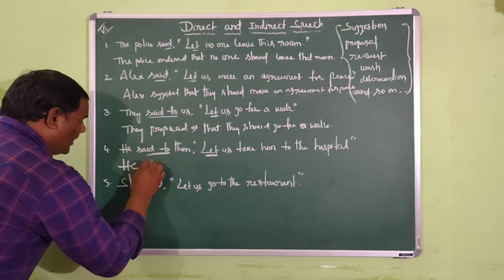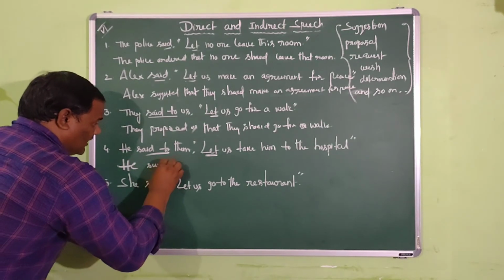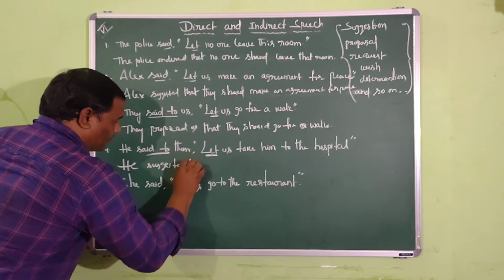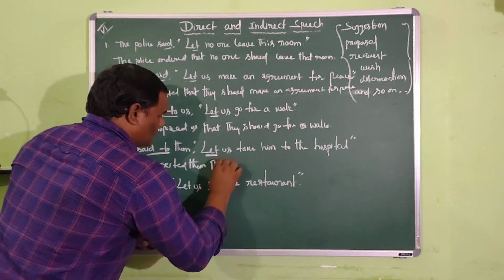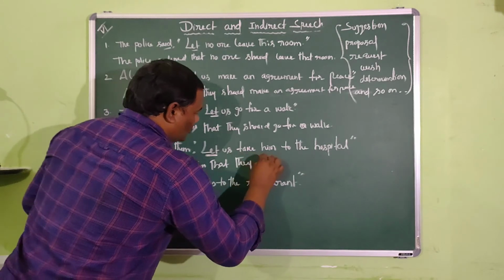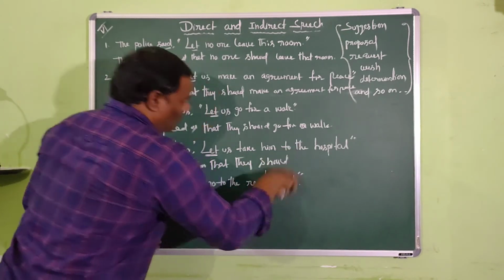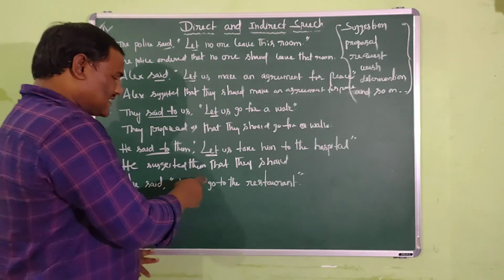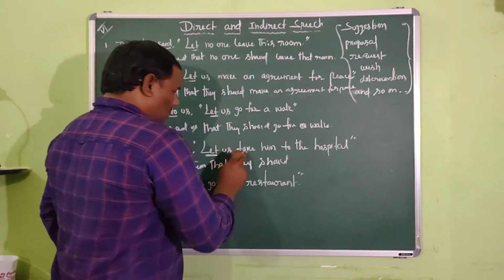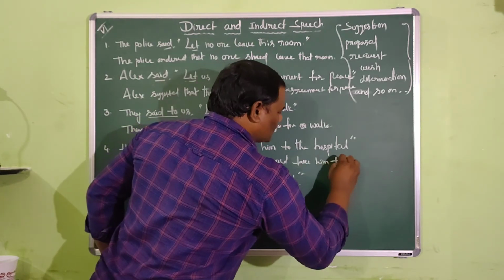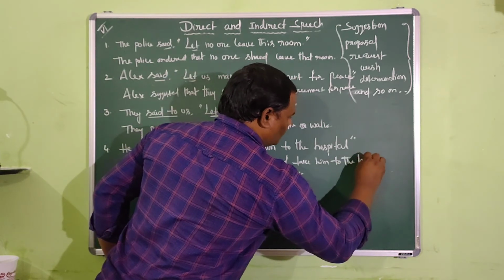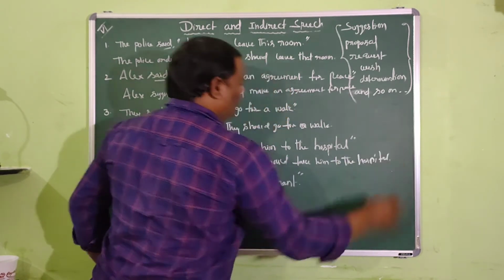Then the answer will be he suggested them that they should. So we have to write the modal auxiliary should. He suggested them that they should take him to the hospital. To the hospital becomes the answer for the fourth question.